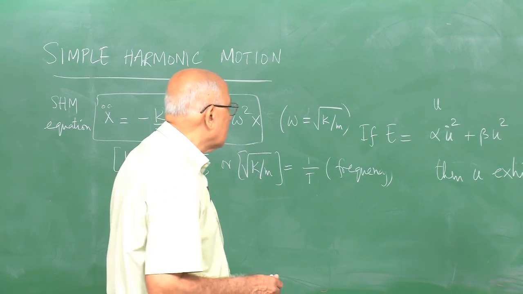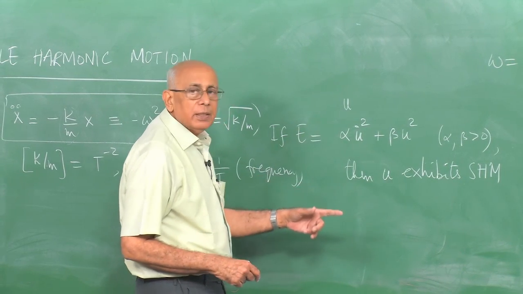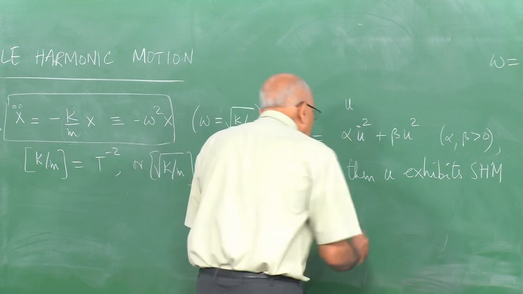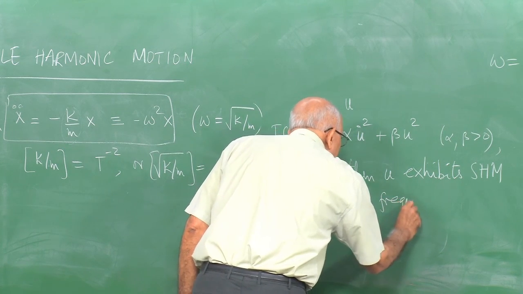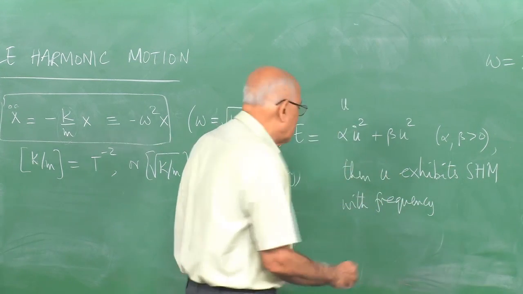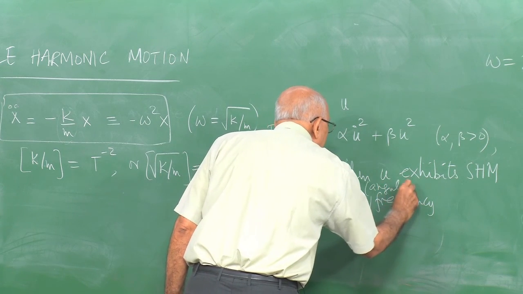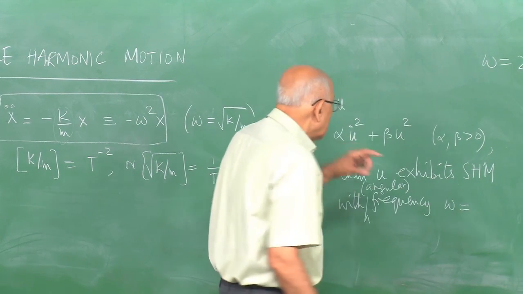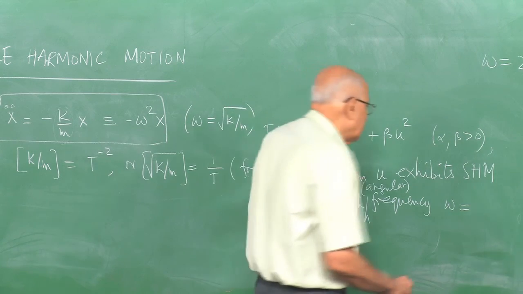I will give some physical examples, but all that we need to do is to identify the total energy to be of this form, and the job is done, with angular frequency, of course, omega equal to the ratio of these coefficients with a square root, and that is it.